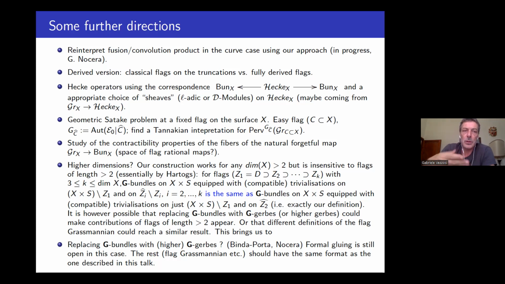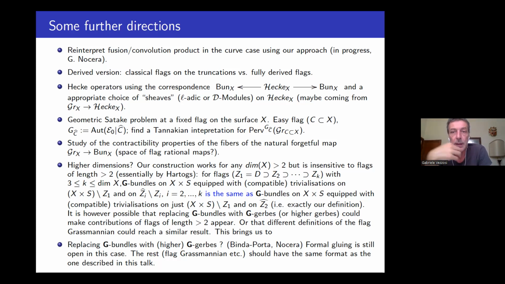Then, of course, when you introduce the Hecke stack, by mimicking what's happening in geometric Langlands for curves, you have a correspondence from this flag Hecke stack to the stack of G bundles on the surface X. Now if you choose a class of sheaves, of elliptic sheaves or D modules on the flag Hecke stack, then you can consider the usual: you pull back, you tensor with this sheaf, and then you push forward, like a Fourier-Mukai.